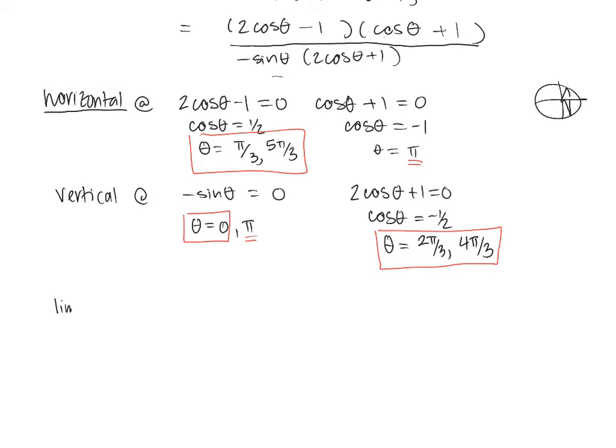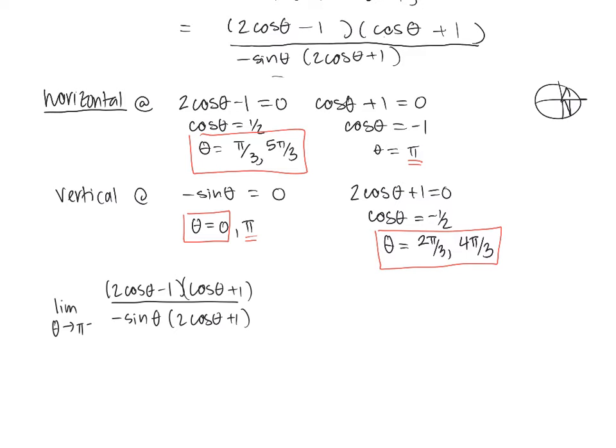So I'm just going to do the limit as theta goes to pi from the left of (2 cosine theta minus 1)(cosine theta plus 1) over negative sine theta (2 cosine theta plus 1). And you can go at pi from the left or from the right, it doesn't matter, just pick one of them. Or you can just go with regular pi, it really isn't that important.